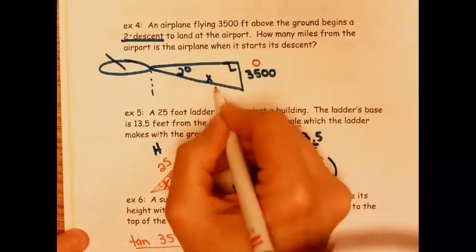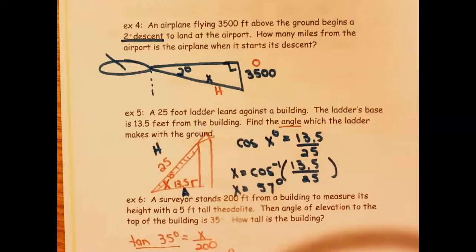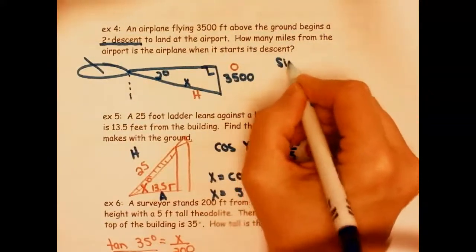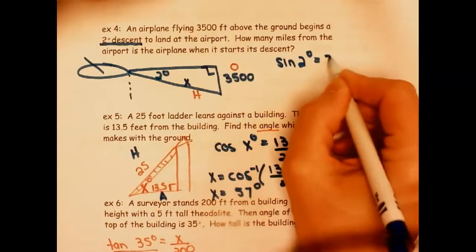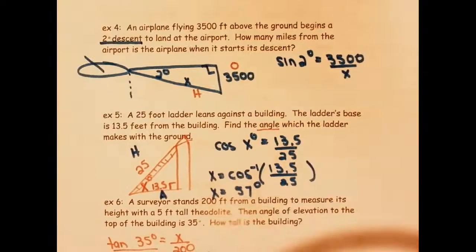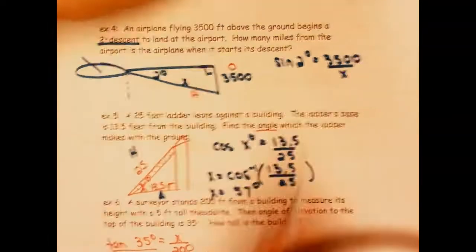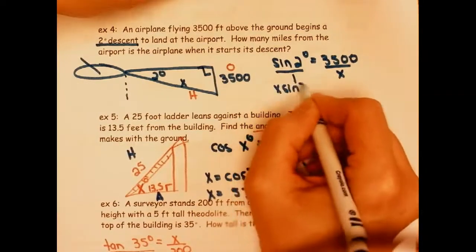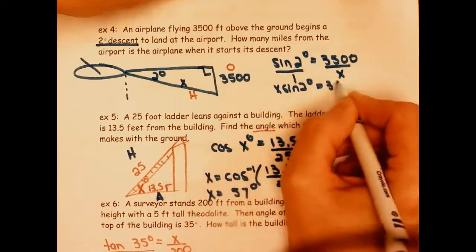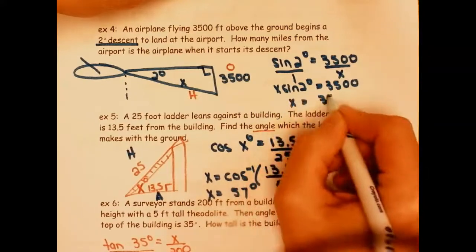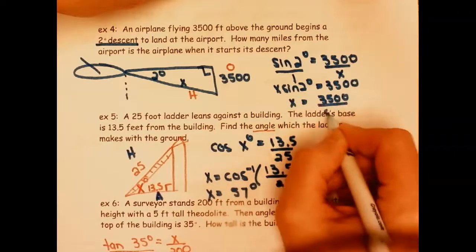We have opposite and we have hypotenuse. O and H would be sine. So sine of 2 degrees. Anytime that x is in the denominator, you're going to divide. If you can't see that, you're going to cross multiply. And to get x by itself, we would have to divide by the sine of 2 degrees.